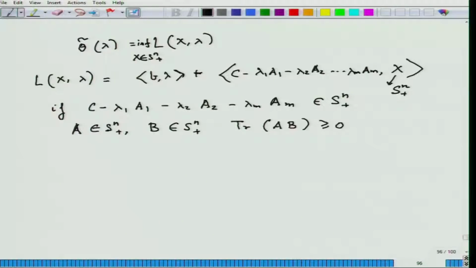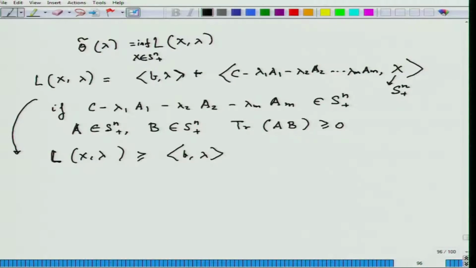Now if this is in Sn plus, and because x is in Sn plus, this would be greater than or equal to 0. So, if this is in Sn plus, I would have Lx lambda bigger than b lambda, because this is bigger than or equal to 0. Now, what is the infimum value? If I put this equal to 0, then Lx lambda is b lambda.